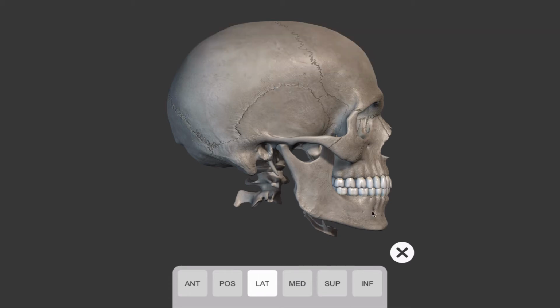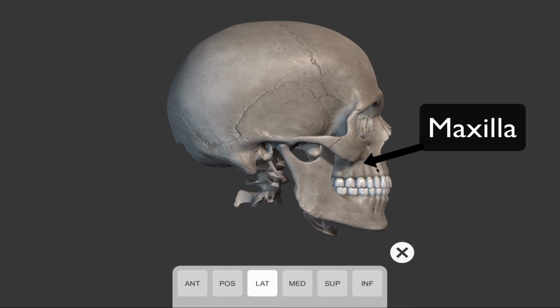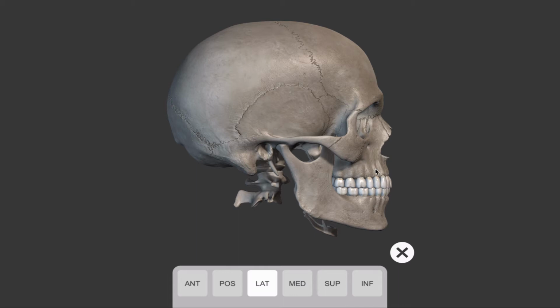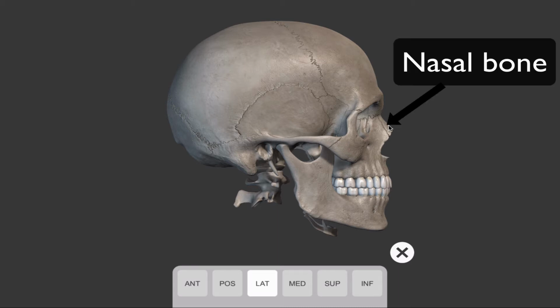And this is the lower jaw. The upper jaw, where the top teeth are located, is called the maxilla. The maxilla. We can also see the nasal bone here, just on one side.